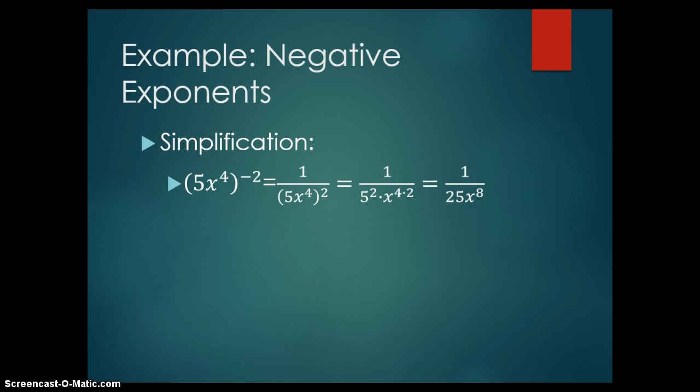The 2 on the outside attaches to the 5 and attaches to the 4 for the exponent on the x. And so we get 1 over 5^2 times x^(4 times 2), which equals 1 over 25x^8. You can go through and do everything first and then make it into a fraction, but I think making it into a fraction makes it much easier in the long run.